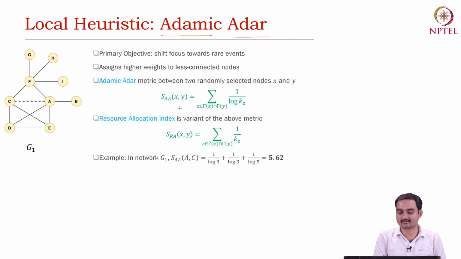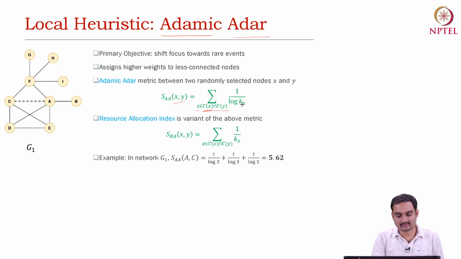The Adamic-Adar distance between two nodes x and y is a sum over the common neighbors, gamma x intersection gamma y, where z is one such common neighbor, and we take 1 by log of kz.